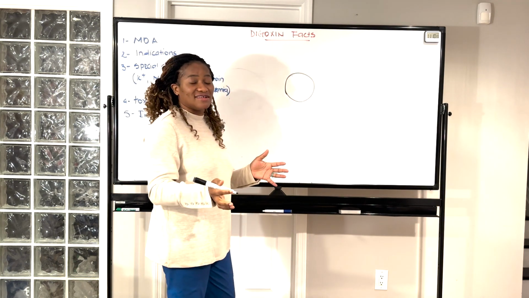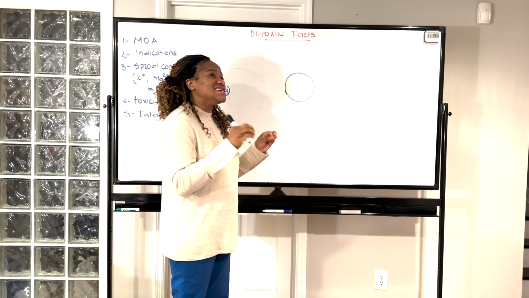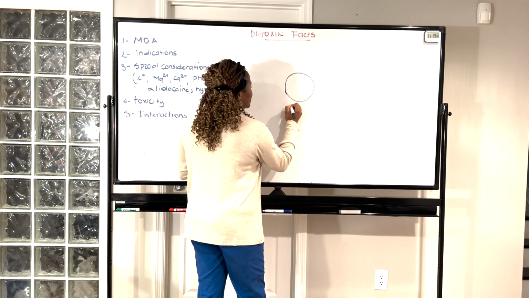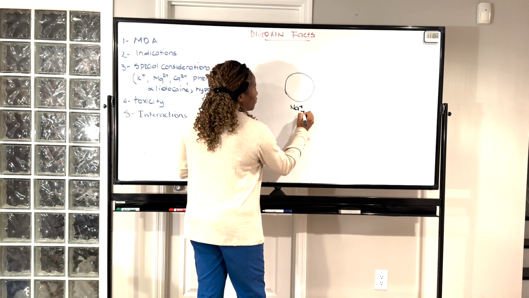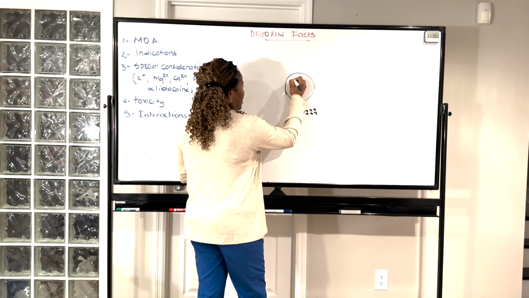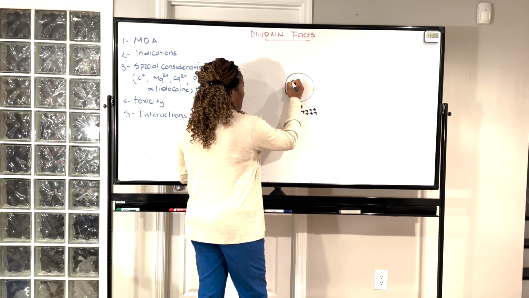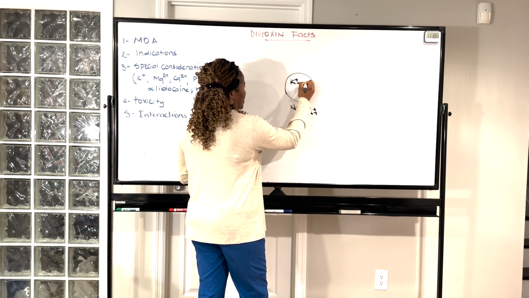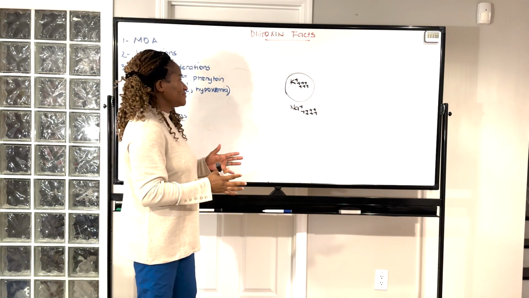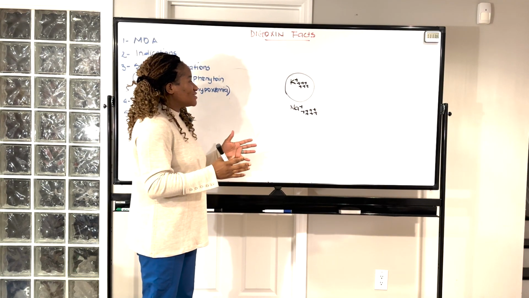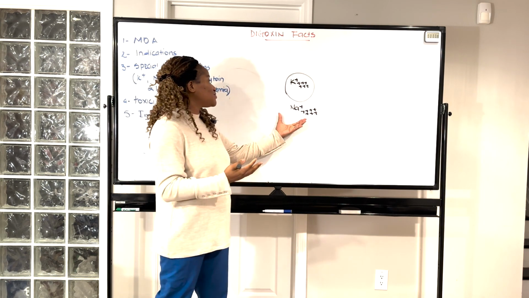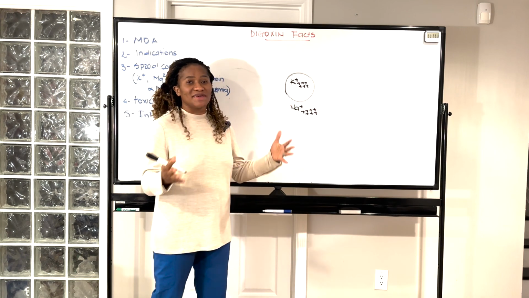Normally, outside the cell I have more sodium, and inside the cell I have more potassium. Because we have more sodium outside the cell, normally the sodium was supposed to go inside the cell to make it balance.